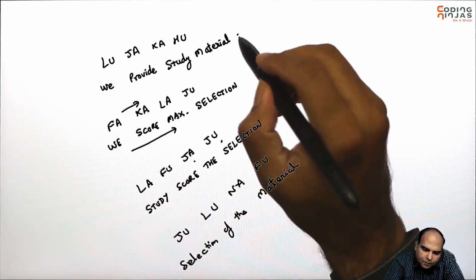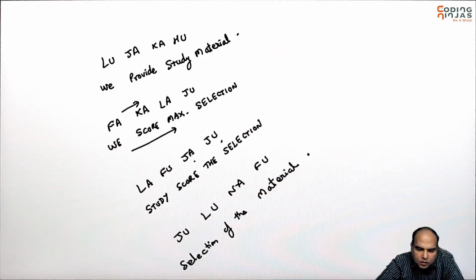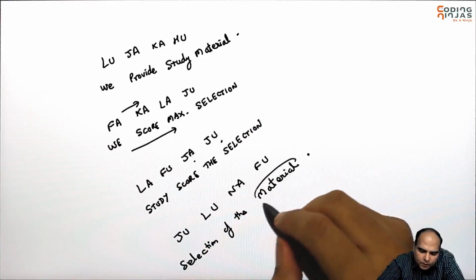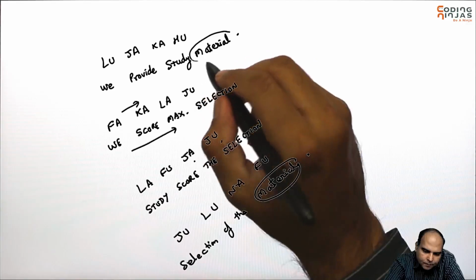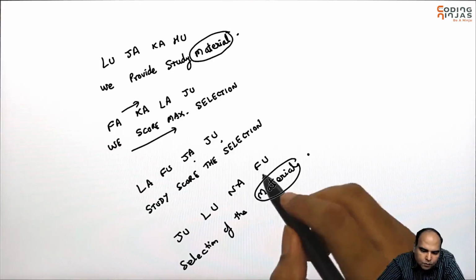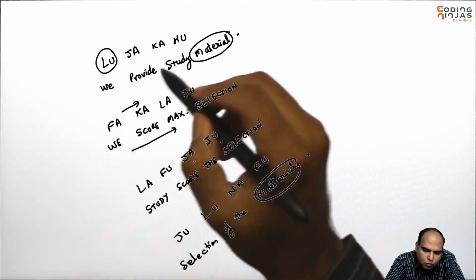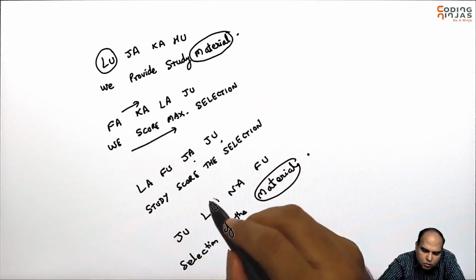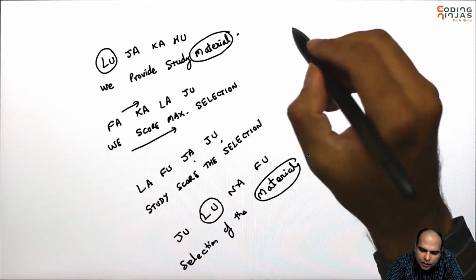For example, between the first and the fourth, material is common. So what are the outcomes that come out of this? Material is common, and Yu Lu Na Fu and Lu Ja Ka Hu, so Lu is common, so that means material means Lu.